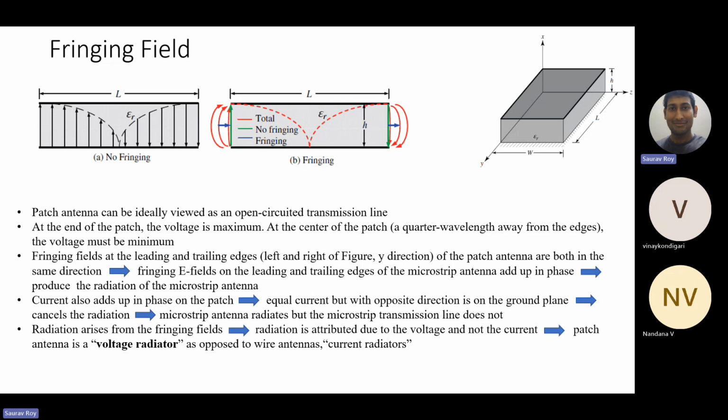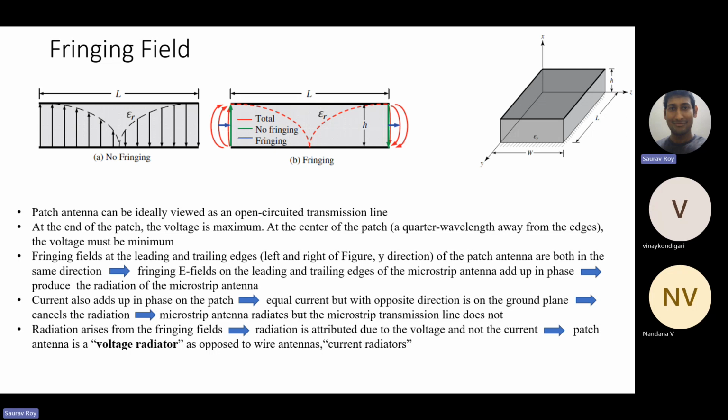It shows why a microstrip transmission line will not radiate, but a microstrip patch antenna does. The current will be there on the top patch layer as well as on the bottom ground layer, but they are in opposite directions, so they will cancel the radiation. Okay, so that's why a microstrip transmission line does not radiate.